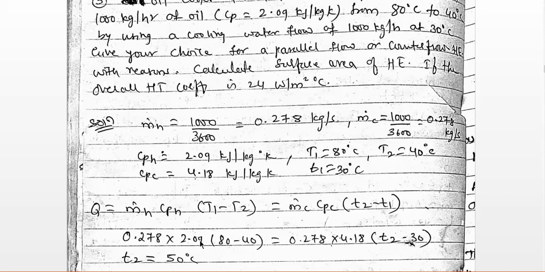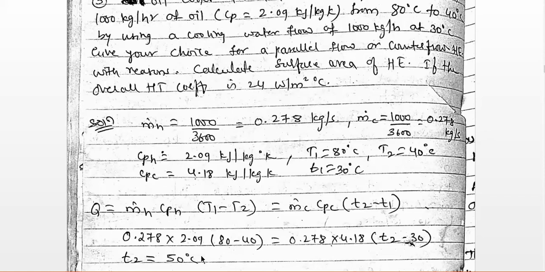So 0.278 into 2.09 into 10 raised to 3 into bracket 80 minus 40 is equal to the mass flow rate of the cold fluid, 0.278, into 4.18 into 10 raised to 3 into bracket T2 minus 30. If you simplify this, you will get the value of T2 equal to 50 degrees Celsius.